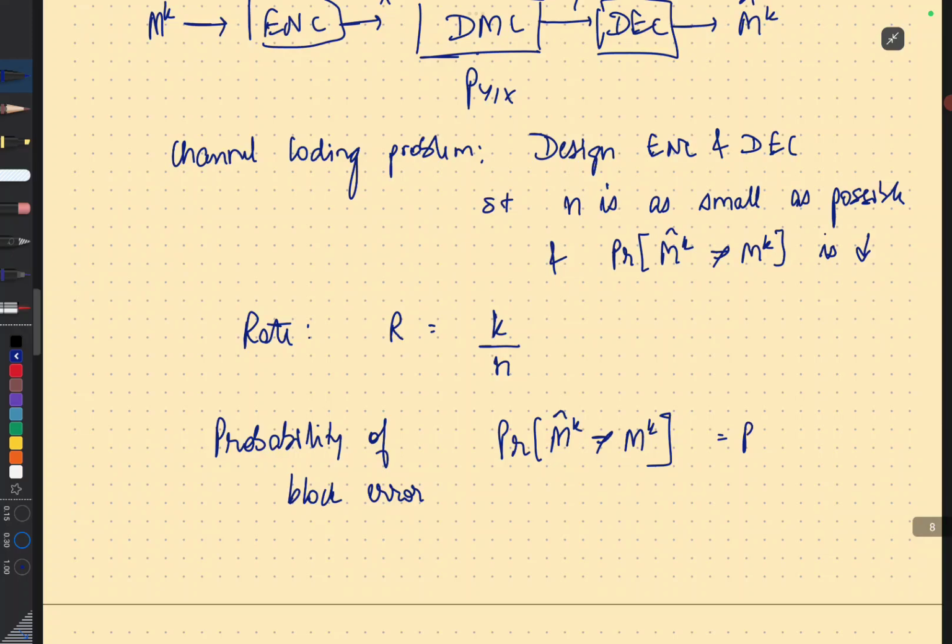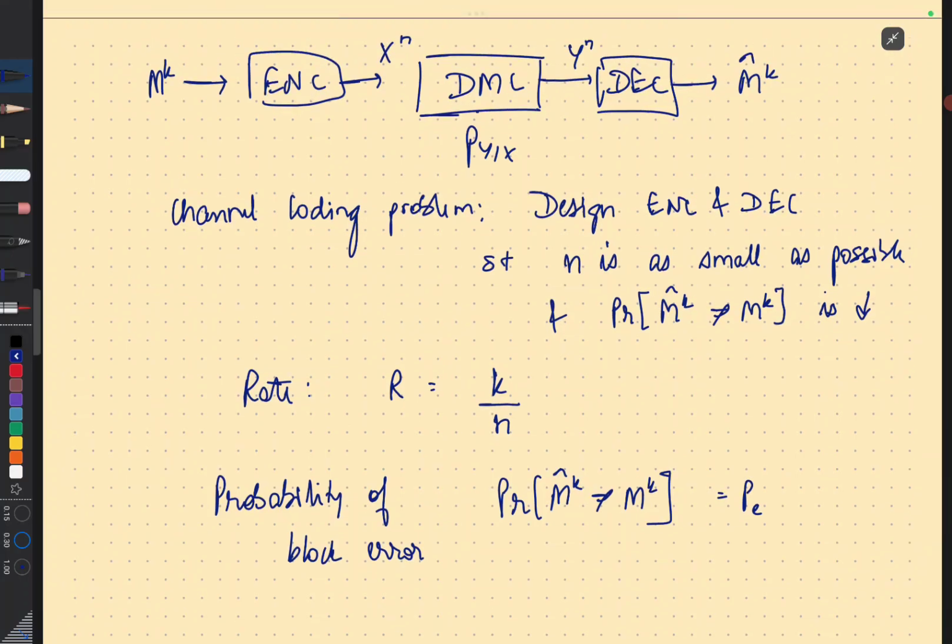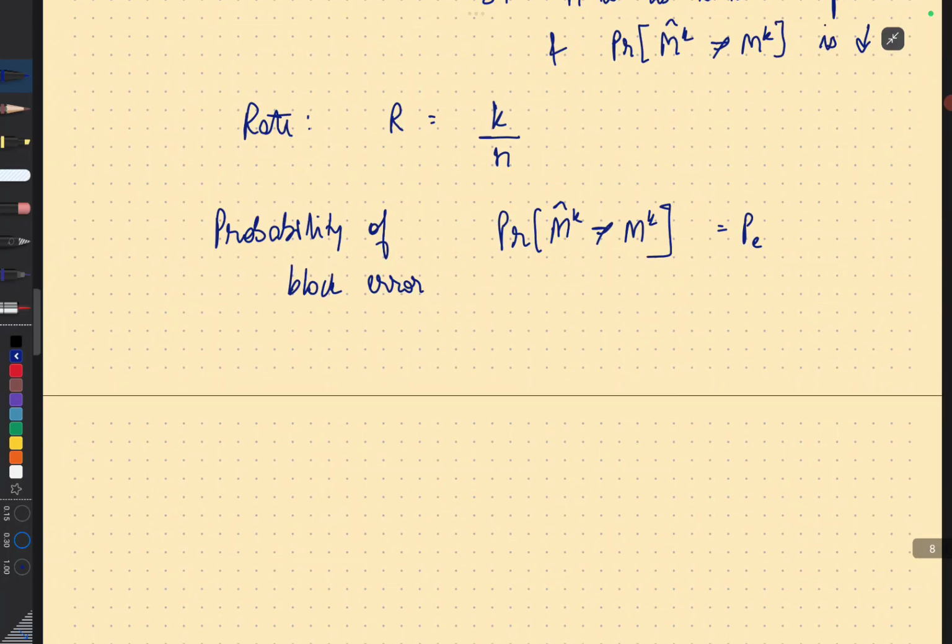And I'll denote this by p. For this, we will make another assumption. I'll see if we have time, we'll also relax that assumption in this course. But we'll assume that M_k, the sequence of bits, is uniform.